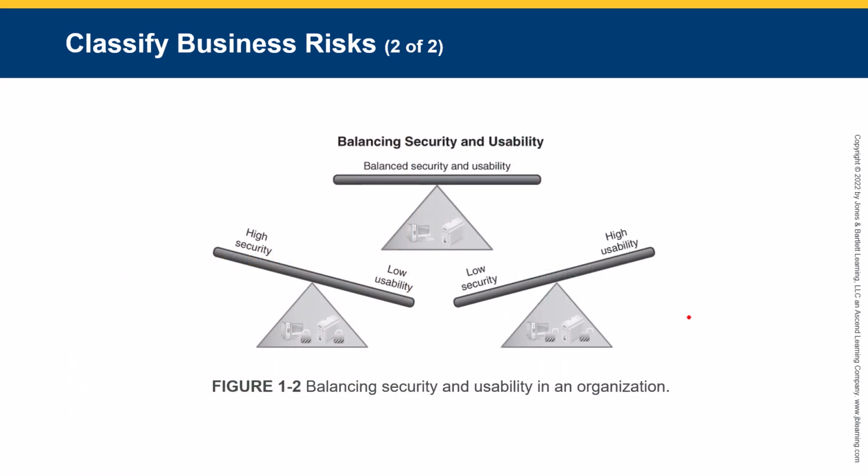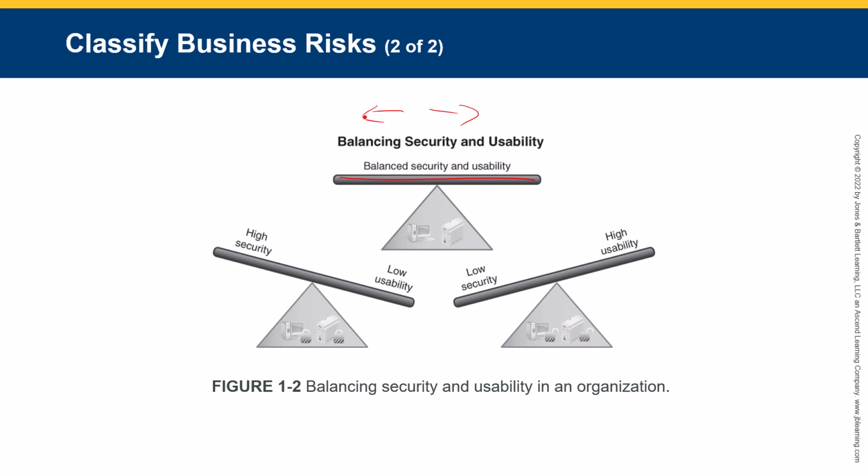So it's all about balancing. It's about balancing security and usability. We have a teetering bar. So if we want more security, then typically usability is a little lower. If we want high usability, security is a little lower. Again, you go from one side to the other.